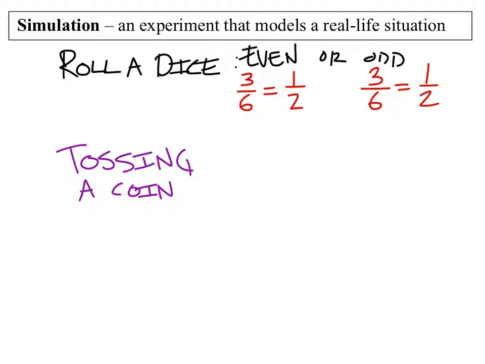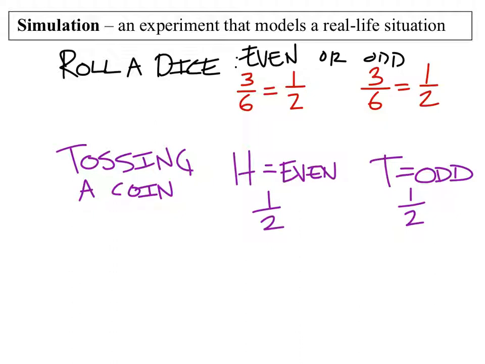Why does this work? Because if you get heads, which maybe we say would represent the evens, then you have a 1/2 probability of getting the heads. Again, which would represent evens. And then odds would represent tails, which also is that probability of 1/2.